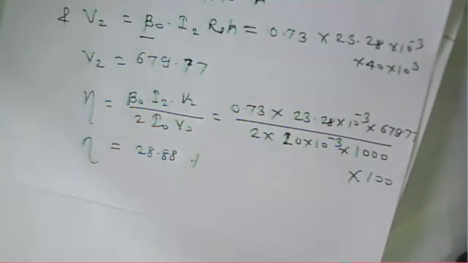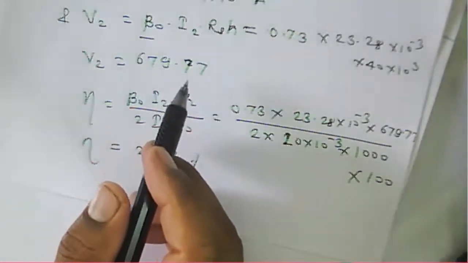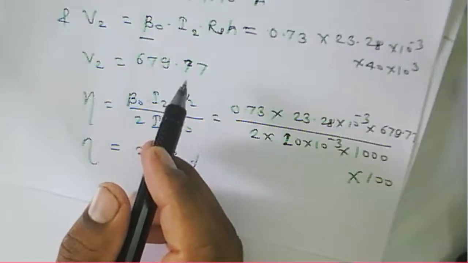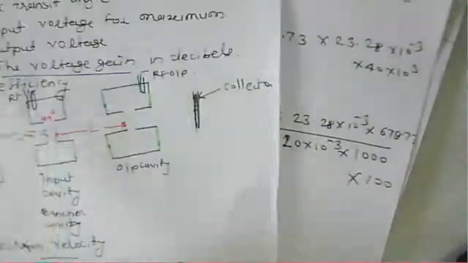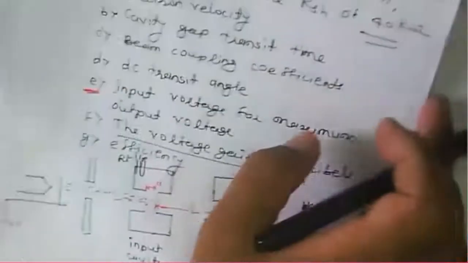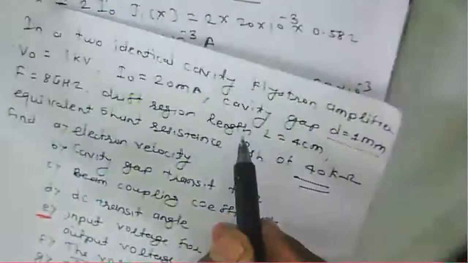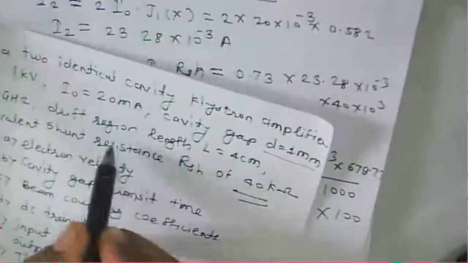That is about your two cavity klystron. We have considered everything there, and we have obtained these various terms. You just remember that in this numerical, the cavity gap is the gap of the cavity.